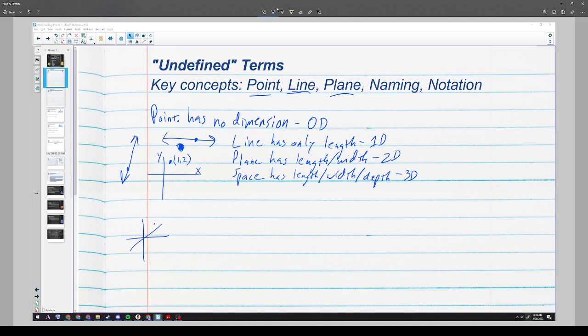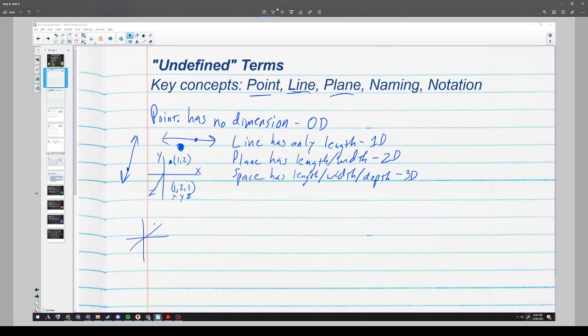So here we could add, basically coming off the page, we usually just draw that as like a diagonal, the z dimension. So think of that as this (1, 2), if I pull it out of the screen toward you by 1 unit, then it would be (1, 2, 1) for its coordinates. It would have an x, a y, and a z to locate that dot in space, not just on a plane.